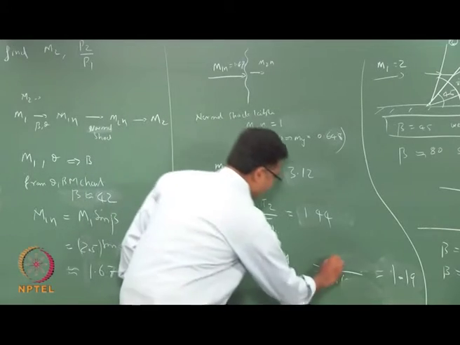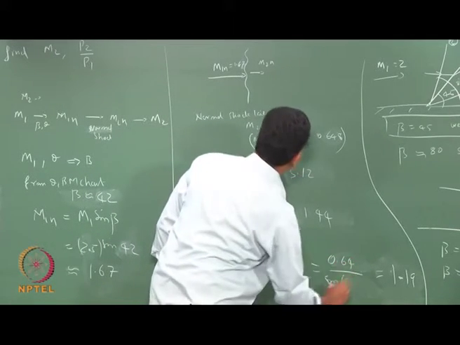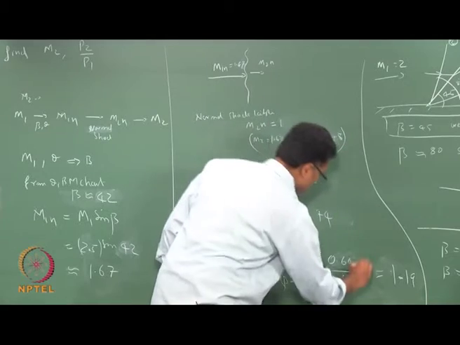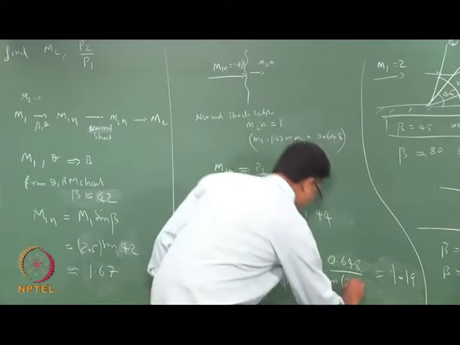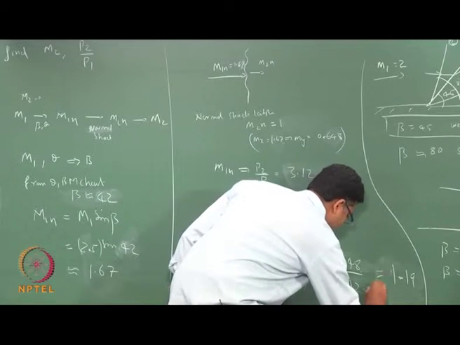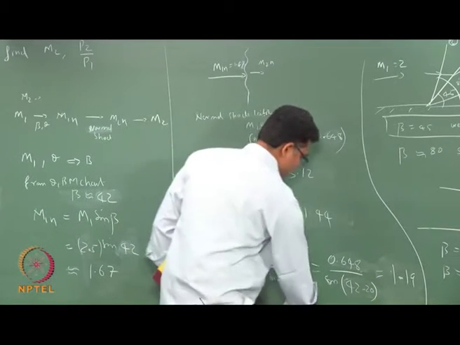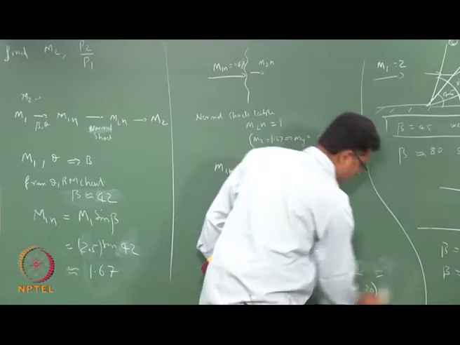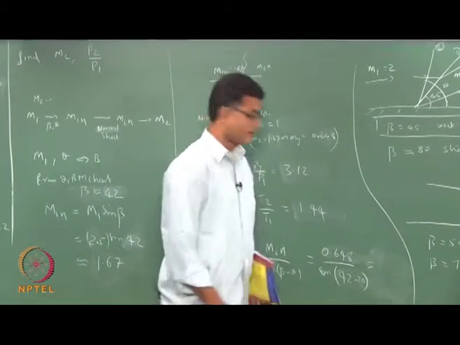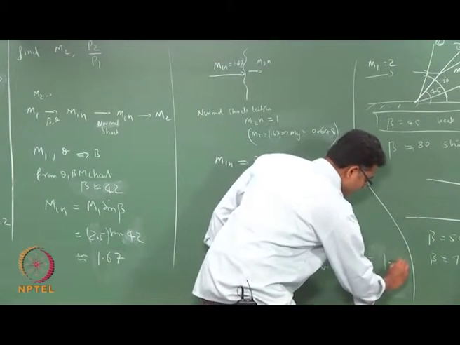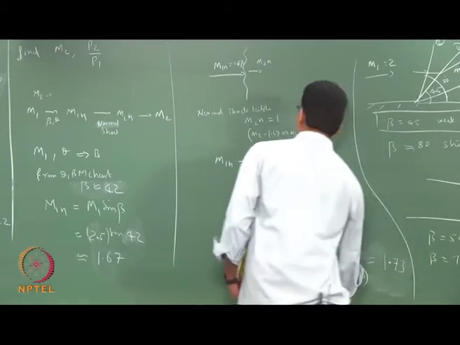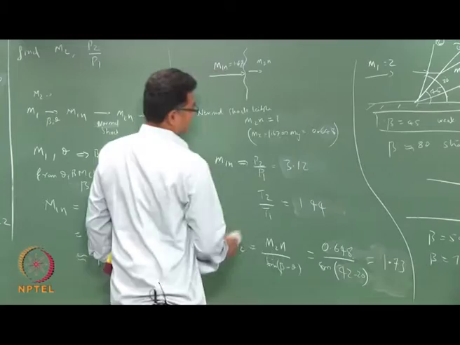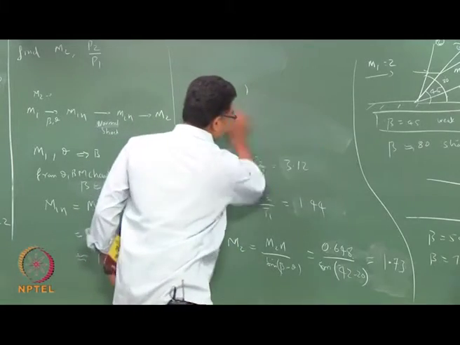M2n is now 0.648, sin of beta minus theta is sin of 42 minus 20. This is around 1.73. So, your M2 is now, so I am going to draw that thing here.